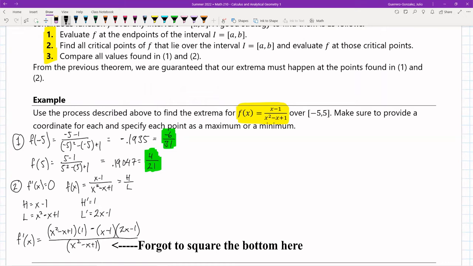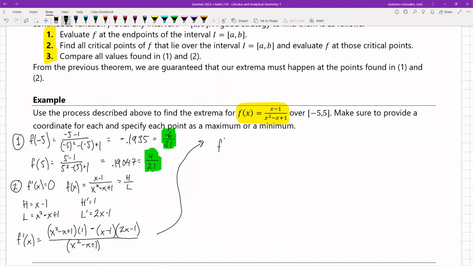If we clean this up a little bit, we should get something along the lines of f prime of x is equal to minus x squared plus 2x all over x squared minus x plus 1 quantity squared.